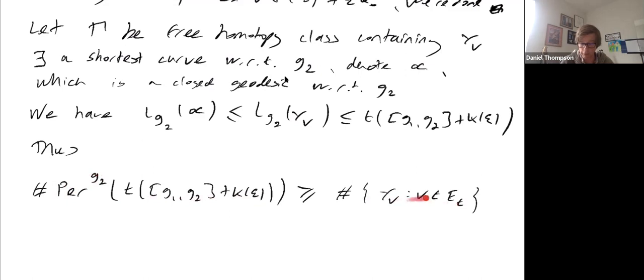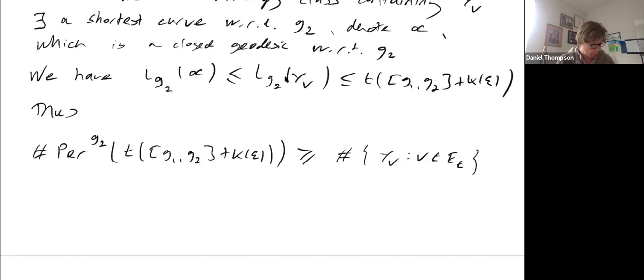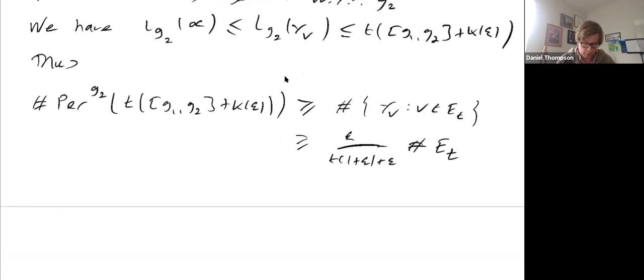And each thing we built here gave us a distinct thing here, or we could compare it with a distinct thing here. And we've already seen that this is greater than or equal to epsilon over T, 1 plus epsilon, just to be cautious, times the size of the stuff we put in at the beginning.